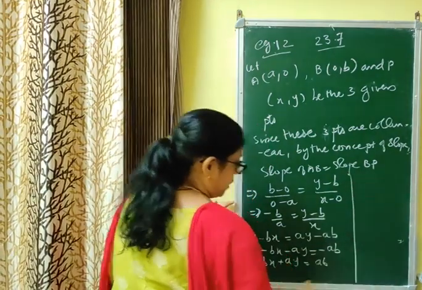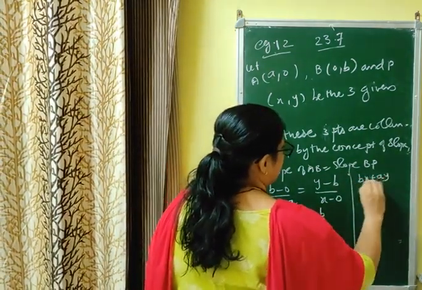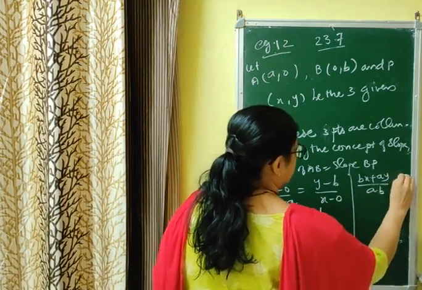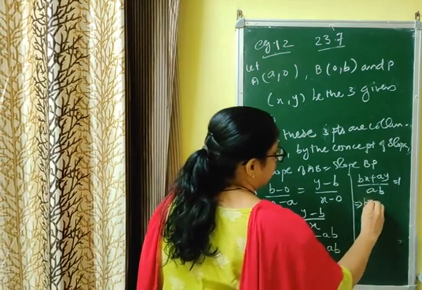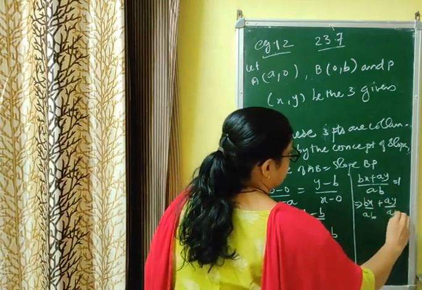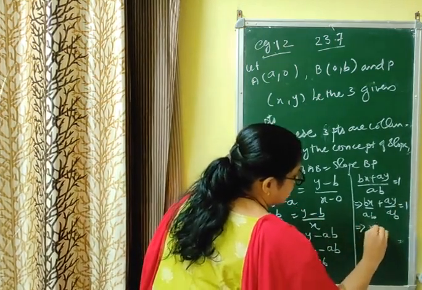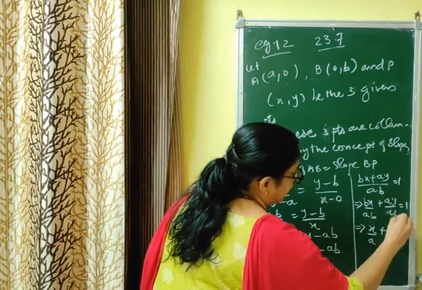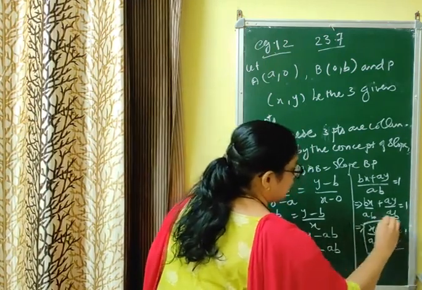Dividing the equation by ab, you will get bx plus ay by ab is equal to 1. Now splitting into denominator differently, we will get bx by ab plus ay by ab is equal to 1. That implies b is getting cancelled, x by a, here a is getting cancelled, y by b equal to 1. That is what you are asked to prove.